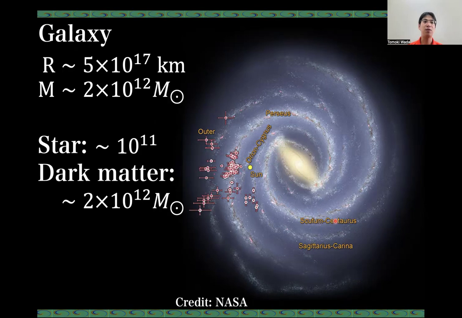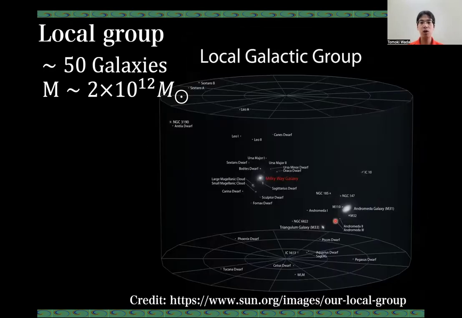Okay, let's zoom out from galaxy. When we zoom out from galaxies, we find some group of galaxies. Here is our Milky Way, and many dwarf galaxies are here, and we can find nearby galaxies, Andromeda Galaxy, and as you can see, around galaxy we find this kind of structures, group of galaxy.